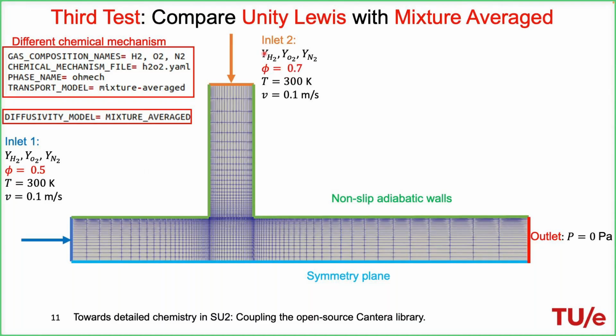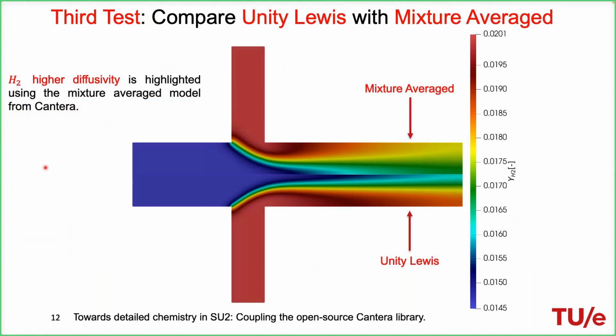This means that the hydrogen content is higher than in the other one. So here we should expect a different behavior in the mass fraction of hydrogen, because hydrogen has a higher diffusivity than the other two species. If we run the simulation, we observe that the mixture average model provides a different solution than the simulation using the unity Lewis.